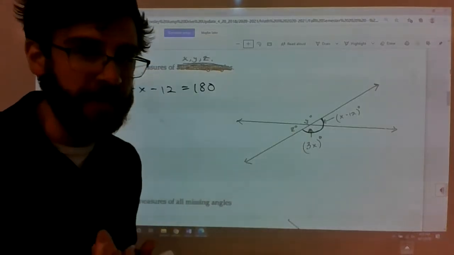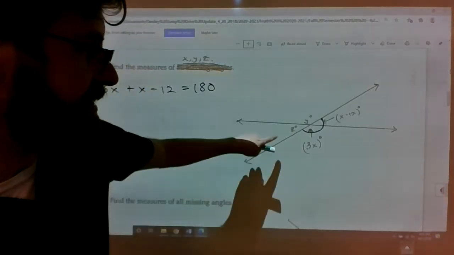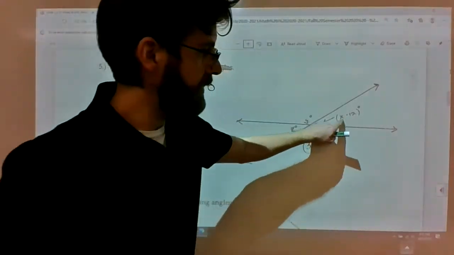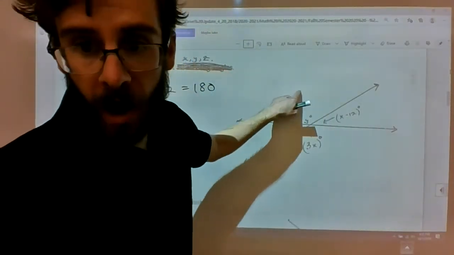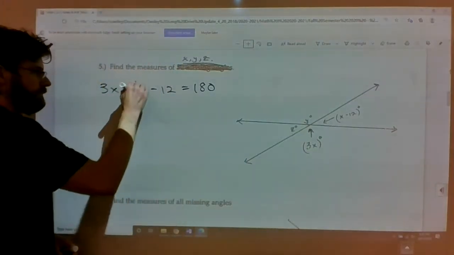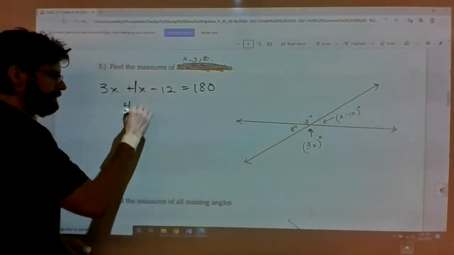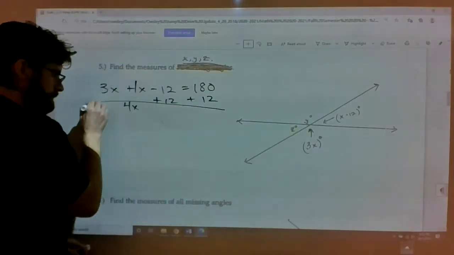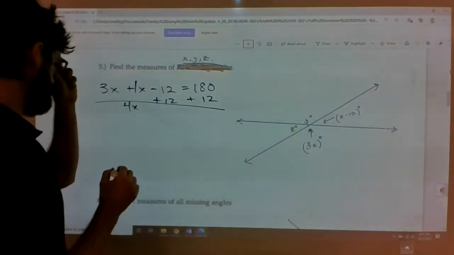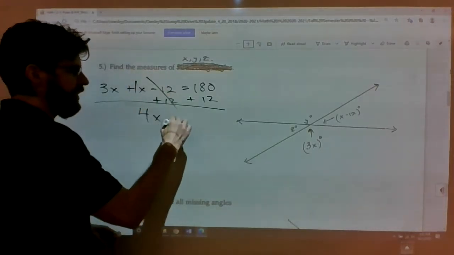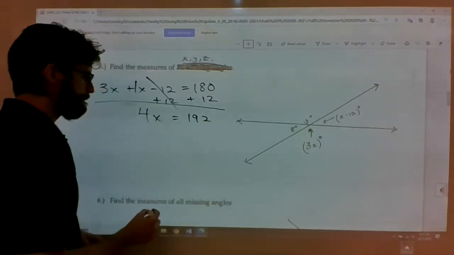I didn't set them equal to each other because z is the one that's across from x minus 2. Y is across from 3x. So 4x, I can add 12 to both sides here. Let's do this. 4x equals 192.